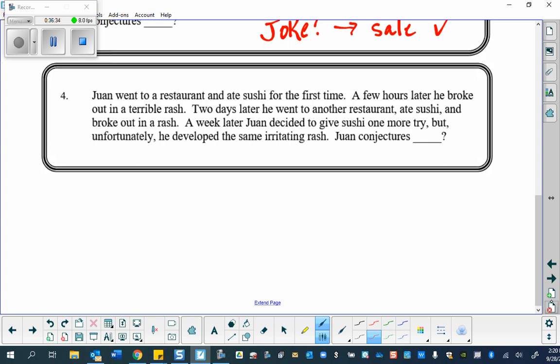What is Juan's conjecture? Who had number 4? If you eat sushi, then you get a rash. Okay, so Juan's like, I'm thinking if I go out for sushi, then I'm going to get a rash. Donovan, inductive or deductive reasoning? Inductive reasoning. It's the pattern that he found.